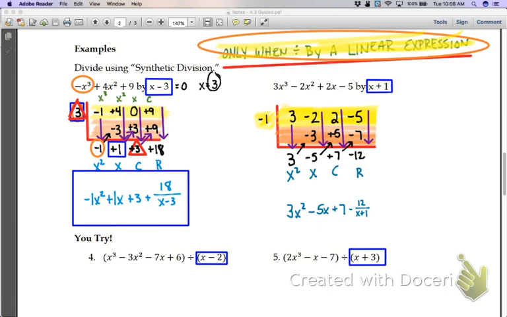That works here. All we did was just slide that negative out in front, or you could write it as 3x squared minus 5x plus 7, and then plus a negative 12 over x plus 1.